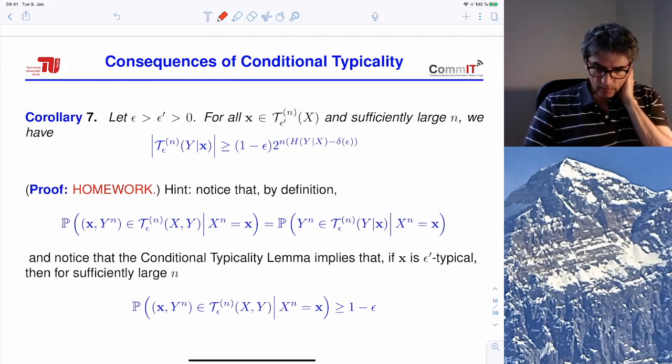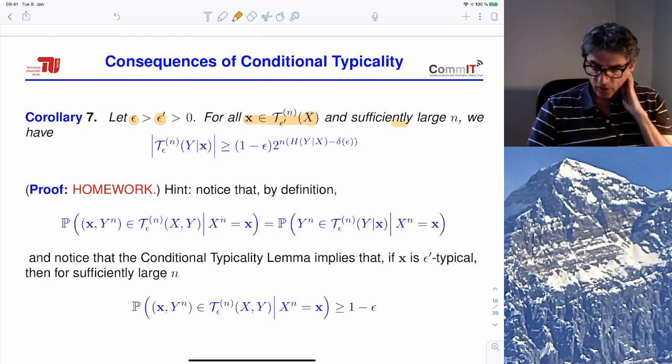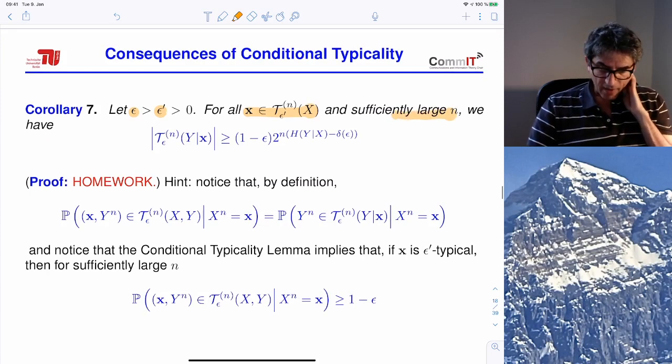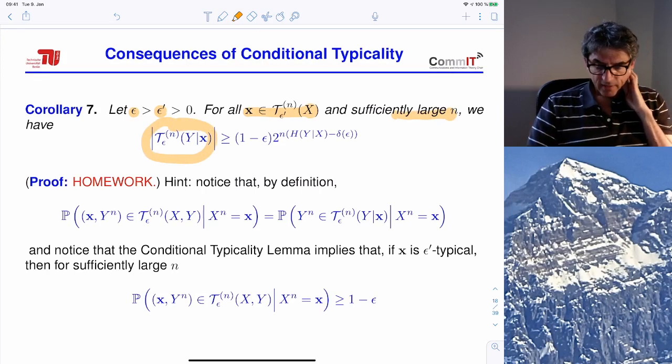So this corollary says that taking epsilon and epsilon prime in this order, and for all epsilon prime typical x and sufficiently large n, we have that the size of the conditional typical set of y given x is larger or equal than 1 minus epsilon times 2 to the n times the conditional entropy minus delta.